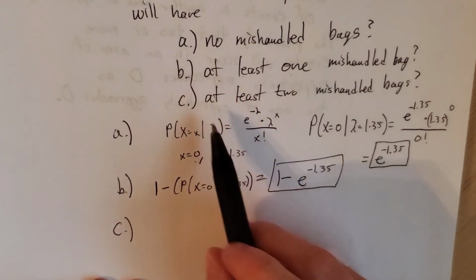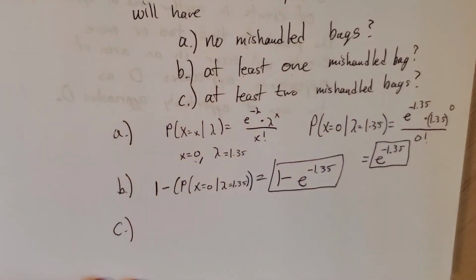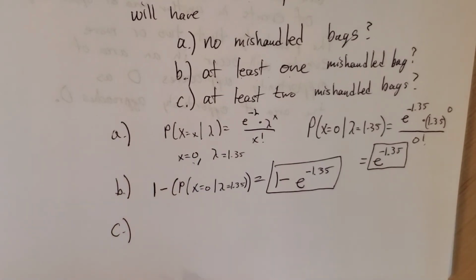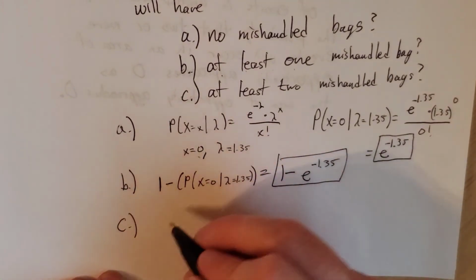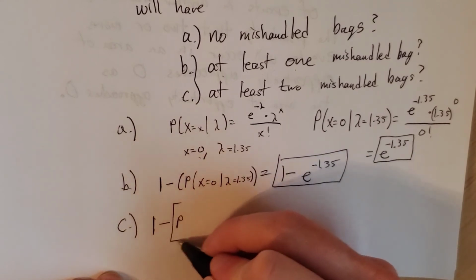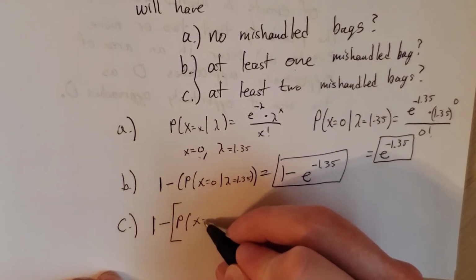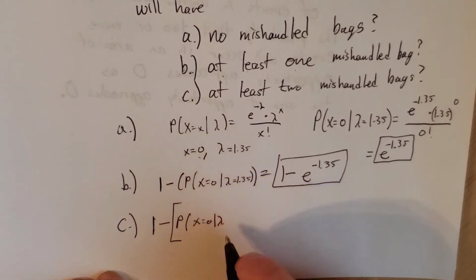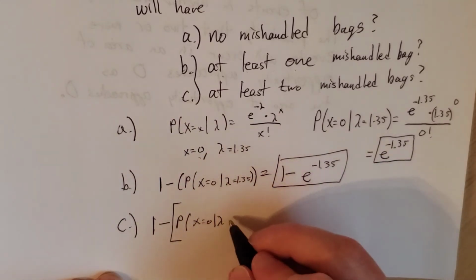All right, and what is the probability that we have at least 2 mishandled bags? Well, that would be 1 minus the probability of 0 mishandled bags plus the probability of 1 mishandled bag. So this is 1 minus the probability of 0 mishandled bags. And again, I'm not going to write lambda is equal to 1.35 here.